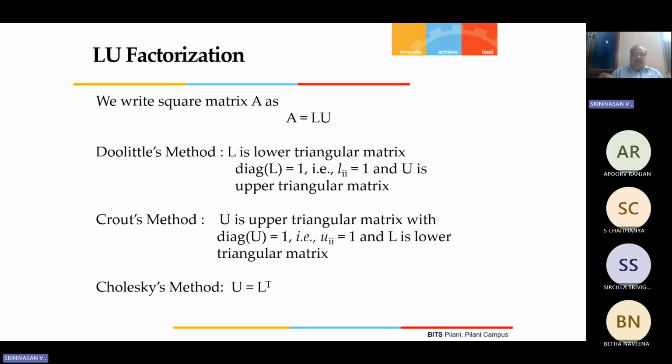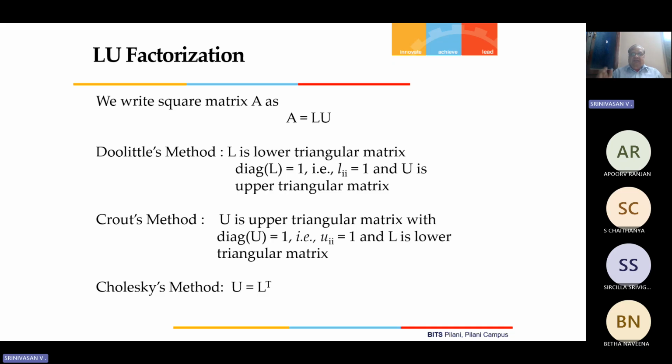Whenever we talk about the diagonal, we mean only the principal diagonal elements, even though there are two diagonals. So the diagonal elements of L are 1, meaning each of the principal diagonal elements is equal to 1. That is L_ii equal to 1, or L_ij equal to 1 for i equal to j.